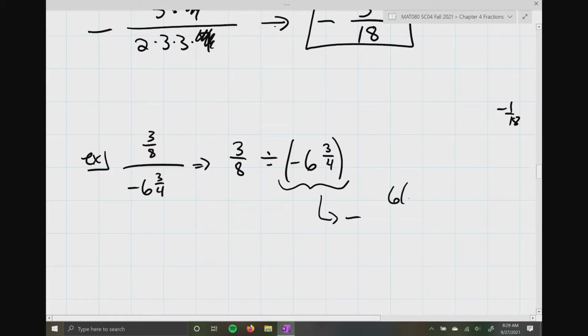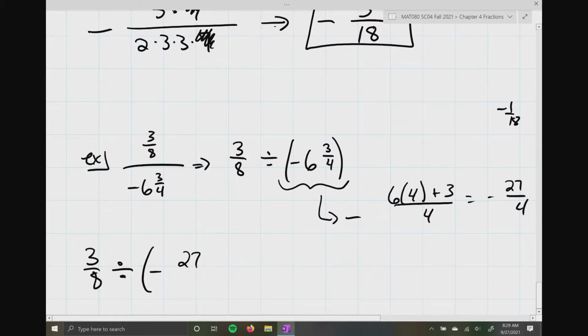So it's going to be 6 times 4 plus 3 over 4. Did I set that up correctly this time? All right, good. 6 times 4 is 24 plus 3 more. It's going to be 27 over 4. So I have 3 over 8 divided by a negative 27 over 4.